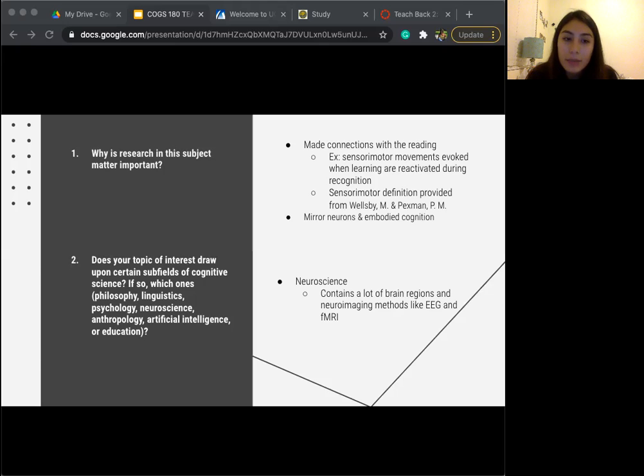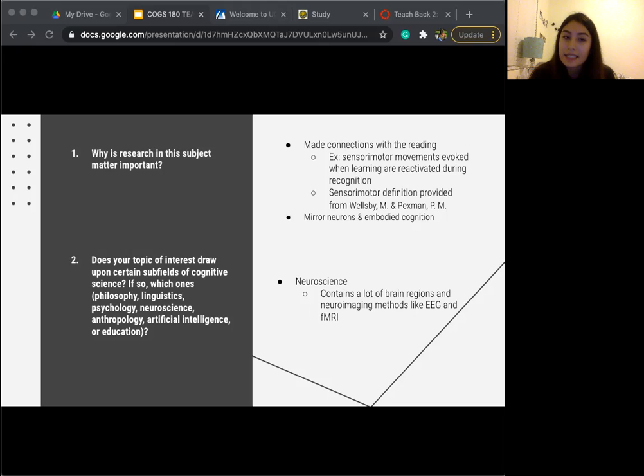Comparing that to mirror neurons, I feel like they're really similar. Sensory motor experiences through interactions are needed for both mirror neurons and embodied cognition, so I feel like they fall under the same category.